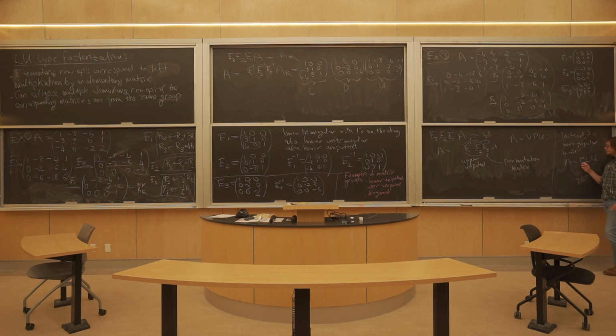And if you do the permutation first, because if it's on the left, that means that I use the permutation first, then instead of using uppers, you can do lowers. And this is what's called the permuted LU factorization.